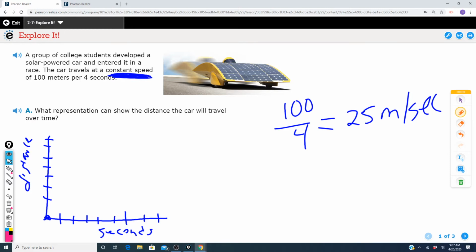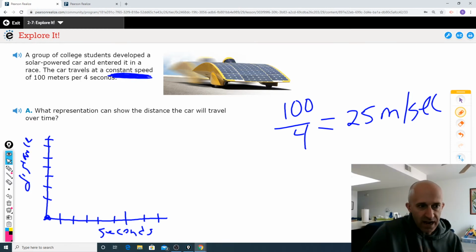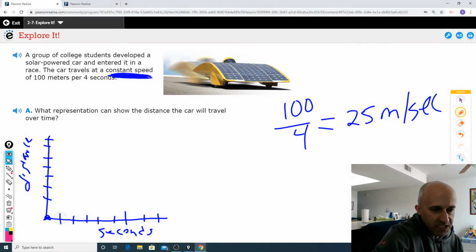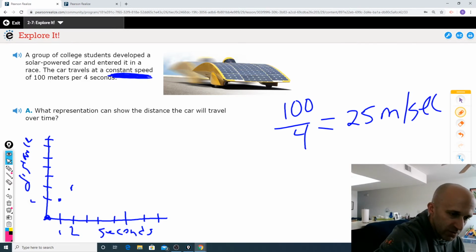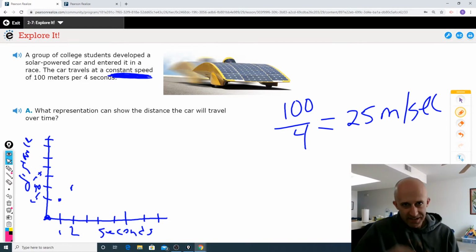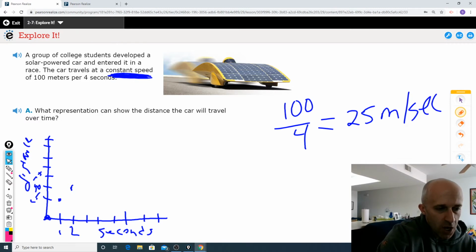For every second that gets traveled, it goes 25 meters. 2 seconds, it's going to go 50. If you were to label these as 25, 50, 75, you've got to bear with me on the writing. But again, it's a constant speed.